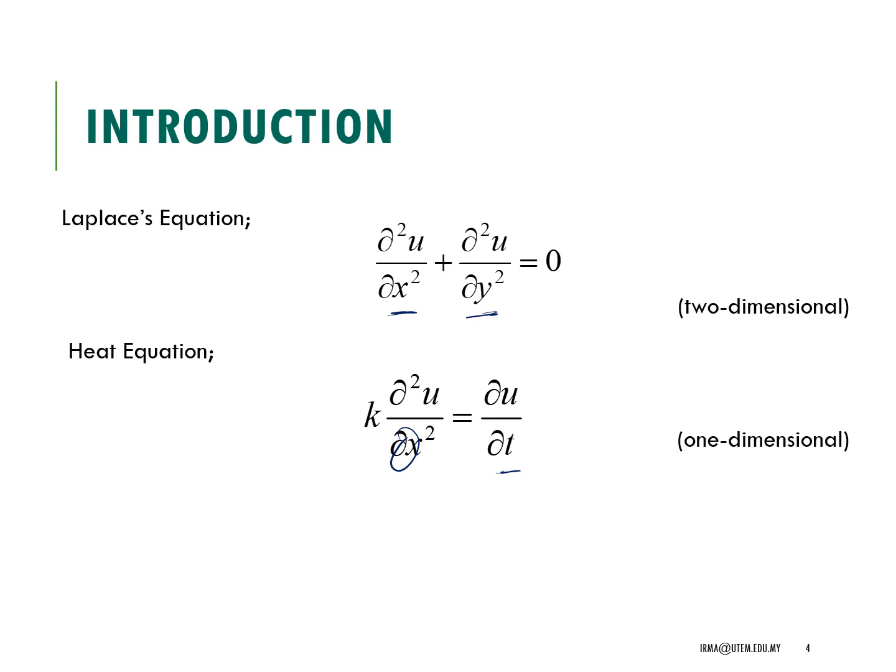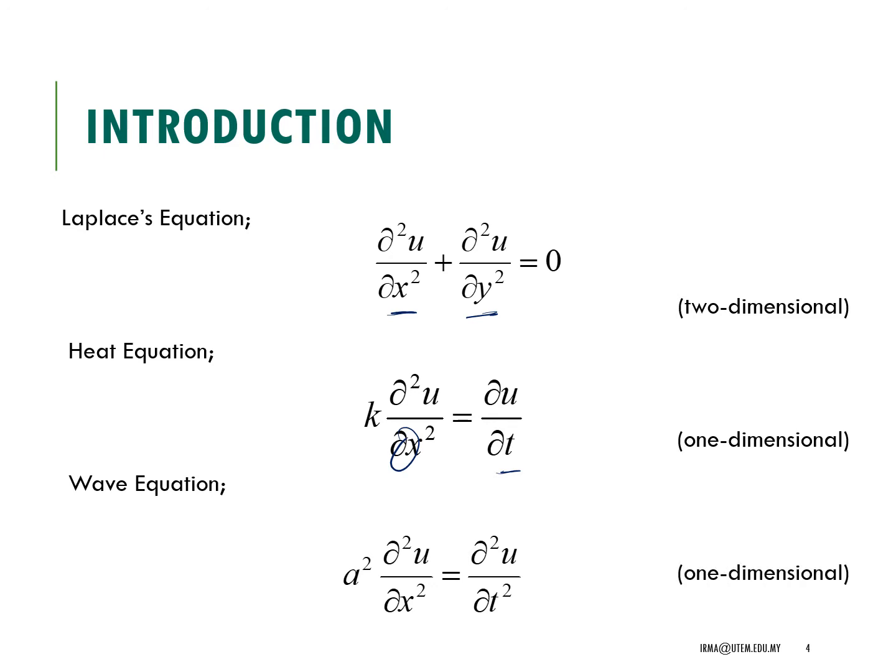The last is the wave equation: a squared del squared u over del x squared equal to del squared u over del t squared, and this is also considered one-dimensional. The difference between one and two-dimensional is the variables. Because t represents time, it does not represent the coordinate or space.